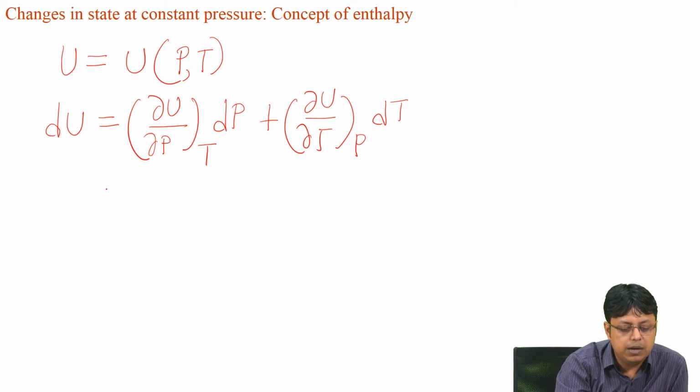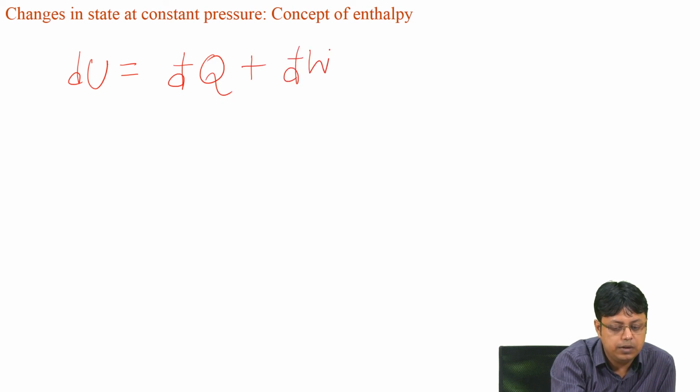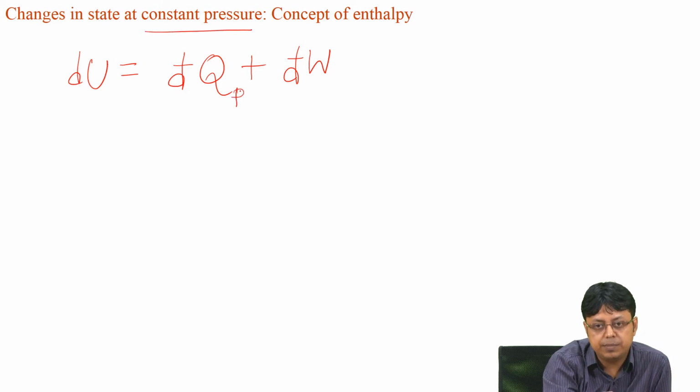Now, similarly as before, we will consider a constant pressure process. So, let us write the internal energy using the first law as dq plus dw. In this case, remember, we are considering a constant pressure process, so I am just using a suffix p here. dU is d cross q_p plus d cross w, where d cross q_p is the heat change associated with a constant pressure process.